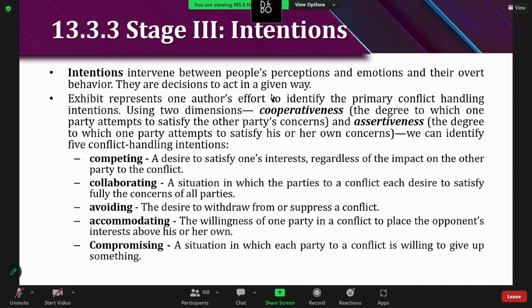And the other dimension is assertiveness, that is the degree to which one party attempts to satisfy his or her own concerns. So assertiveness is the right opposite of cooperativeness. Here, rather than trying to satisfy party B's concern, party A will try to satisfy his or her own concern, not the other people's.